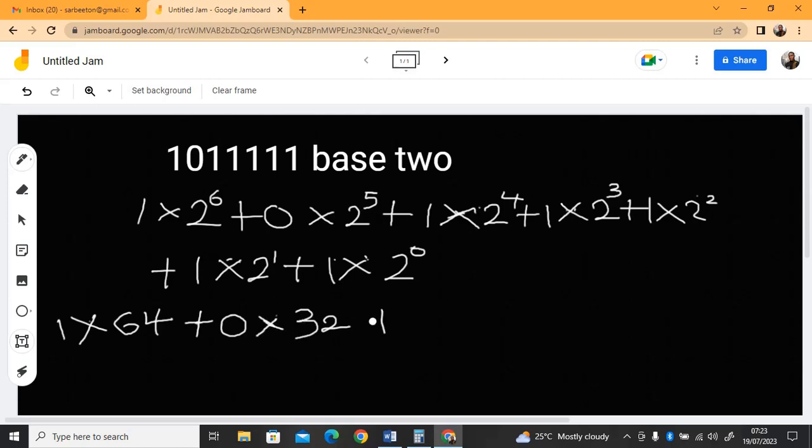Plus 1 times 2 raised to the power of 4, which is 16. So plus 1 times 16, plus 1 times 8. 2 raised to the power of 3 is 2 times 2 times 2, which is 8.